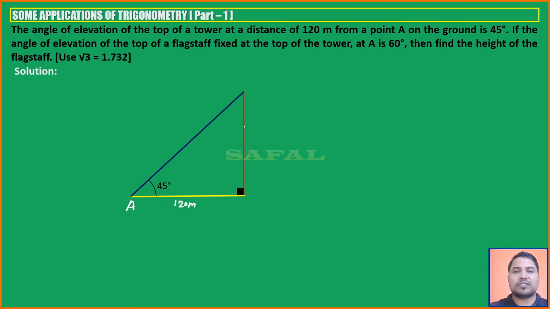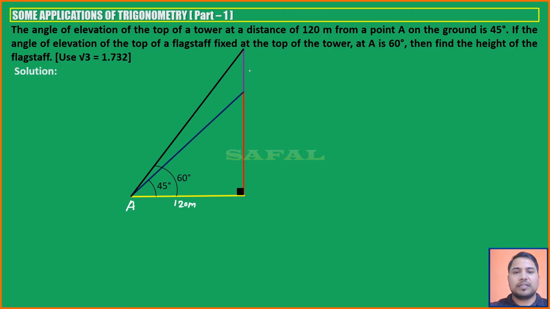On top of this we have a flagstaff, this purple color is the flagstaff. Now the peak of this flagstaff, angle of elevation is 60 degree. So they are asking what is the height of the flagstaff.